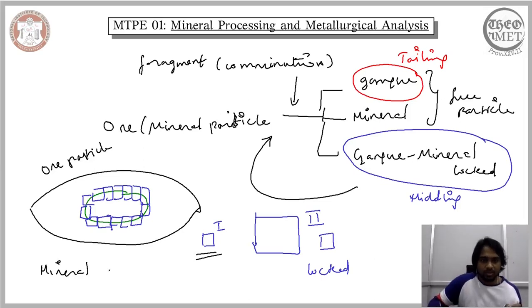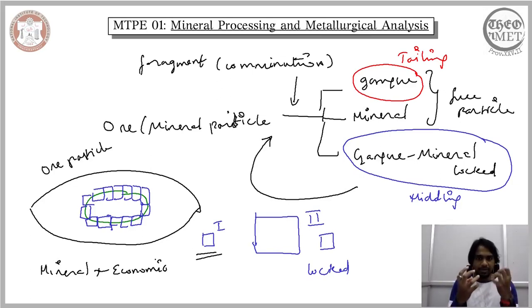Secondly, however, we need to consider the economic factor as well. Of course, it is our aim to liberate the minerals from the overall particle, but this should not happen at the expense of the monetary investment that we are making. The ultimate profit that we intend to make should not be reduced because of this process alone.